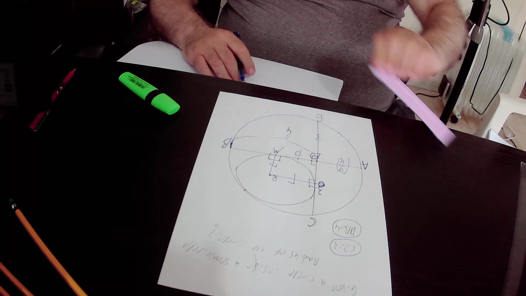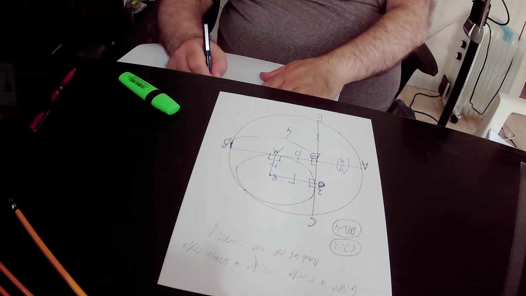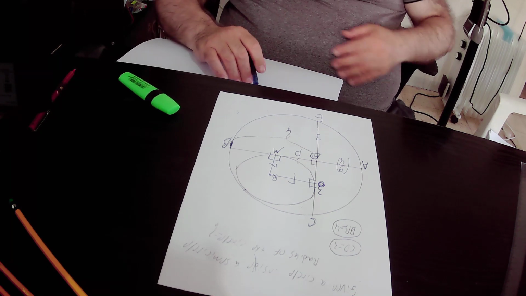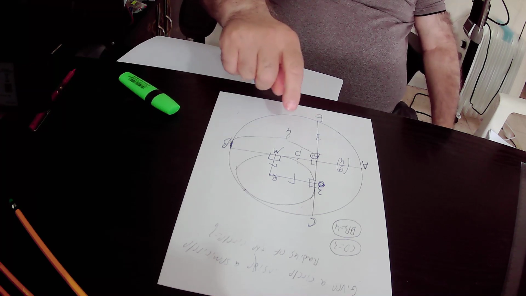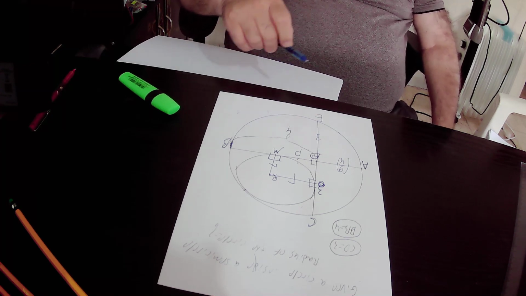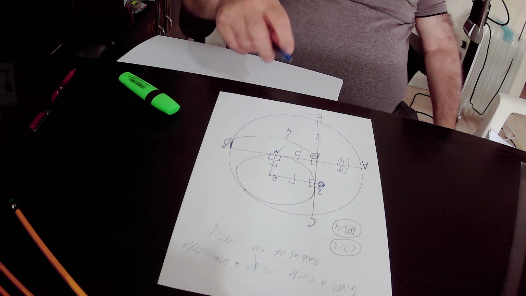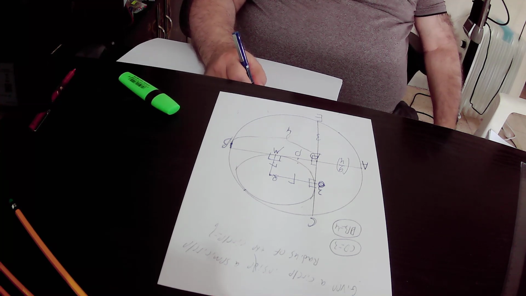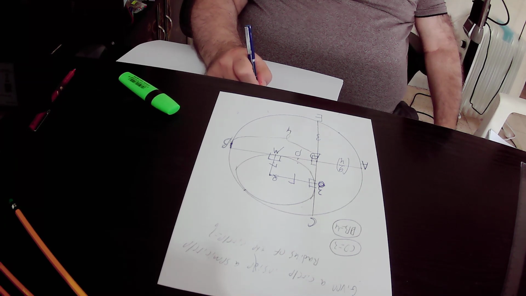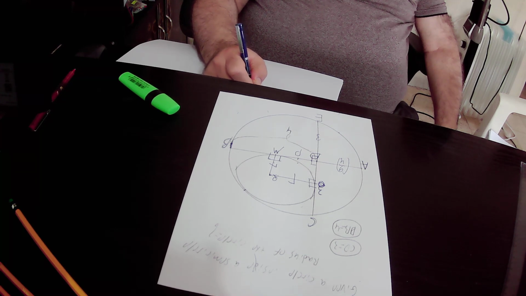And we know that the opposite sides of a rectangle are equal to each other. That is to say, the opposite sides of rectangle OQDM are equal to each other. That is to say, OQ equals DM.